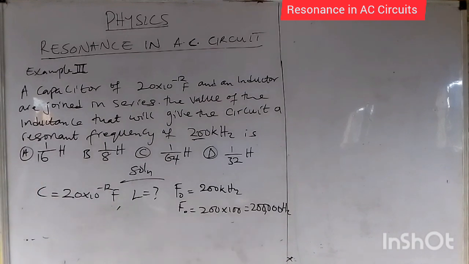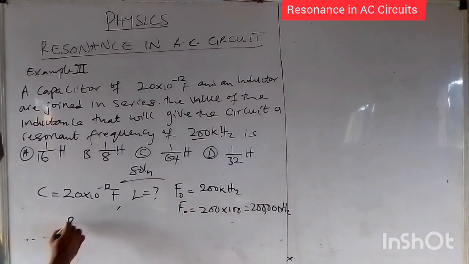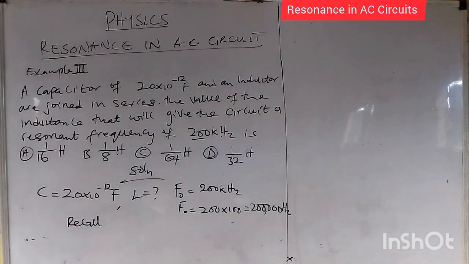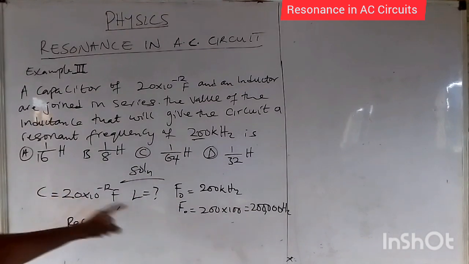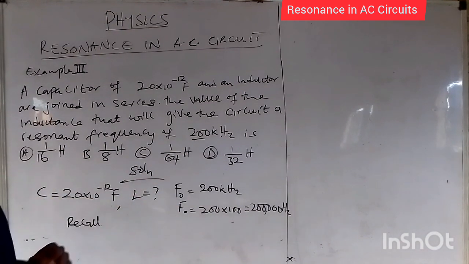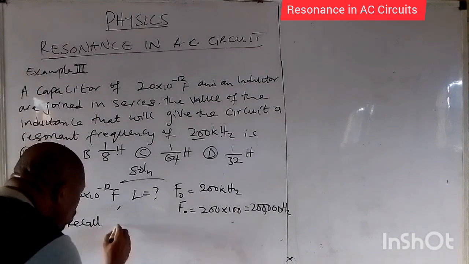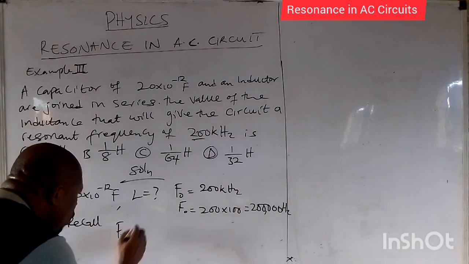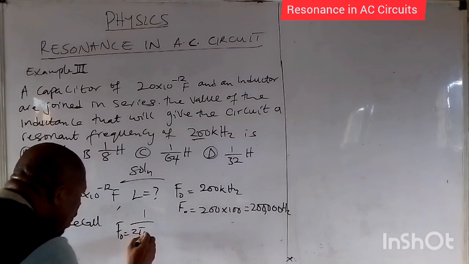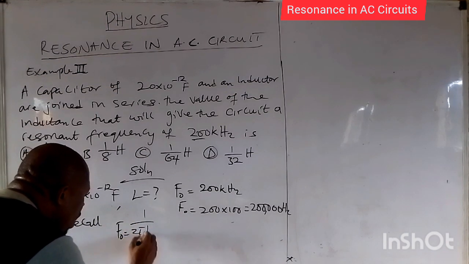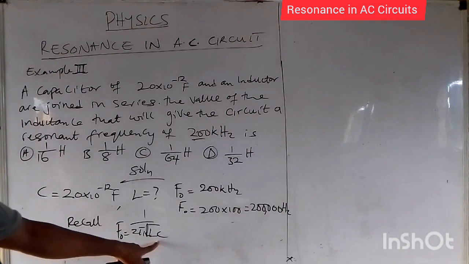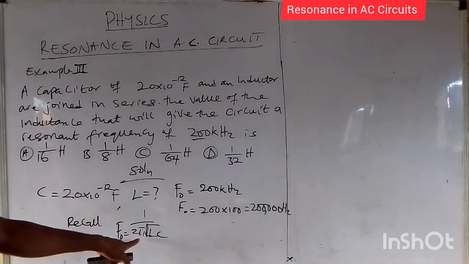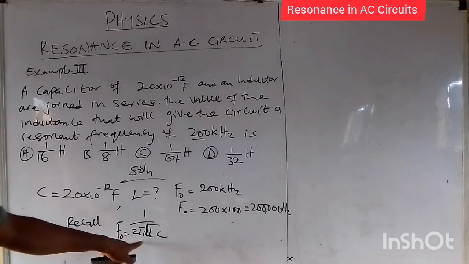Now, how do we solve this problem? We recall that we have F naught and we have C, but L is not given. And of course, if we use F naught is equal to 1 over 2 pi square root of LC, it will not work easily.